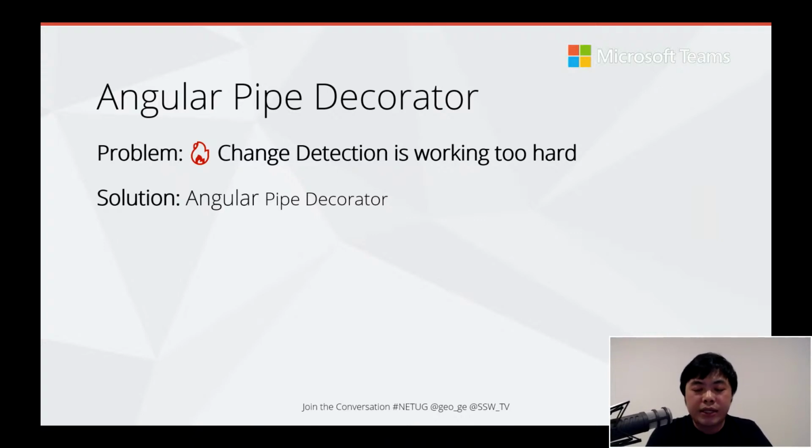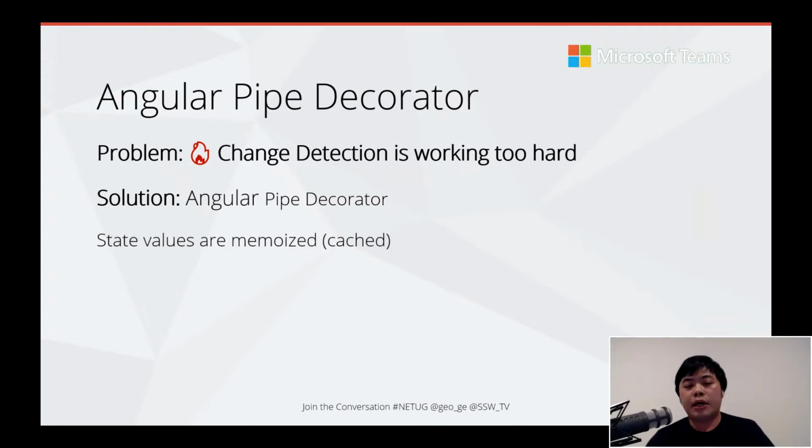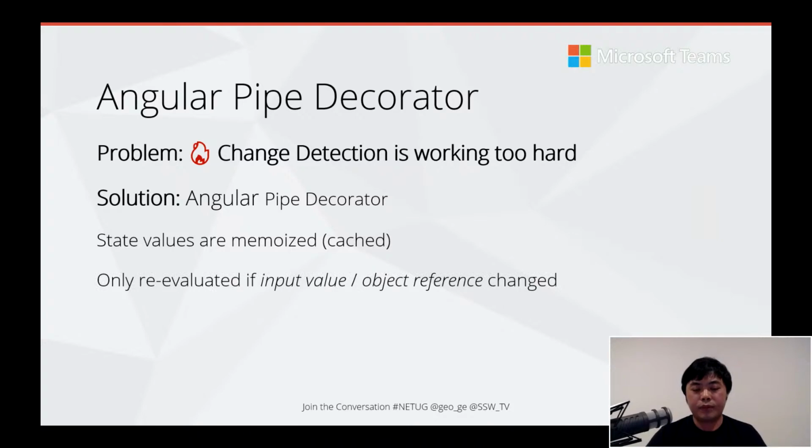And because we know that every time we do DOM interaction, this gets reevaluated over and over again, this is where the pipe comes in. With a pipe, the value is memoized or cached. So if the input reference doesn't change, the pipe will assume the value stays the same.